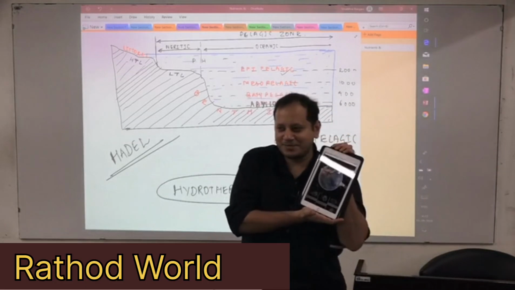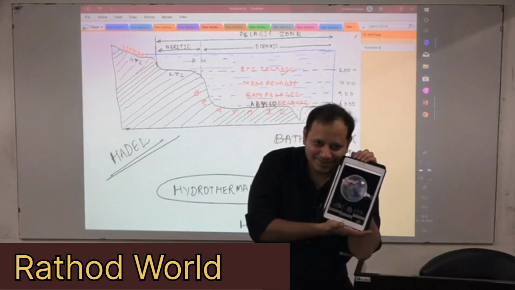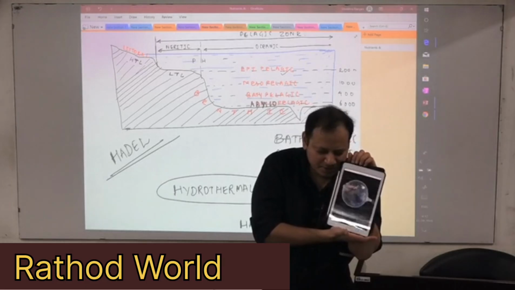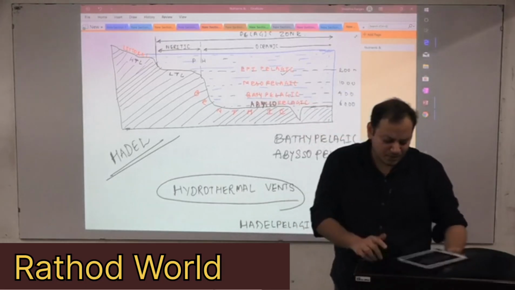Totally transparent body, so that whatever light there is can go inside. This is what is known as an angular fish. It's all about adaptation.